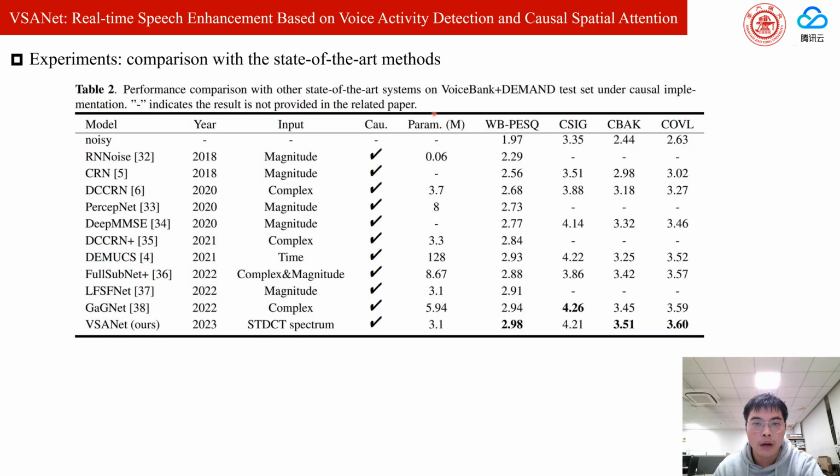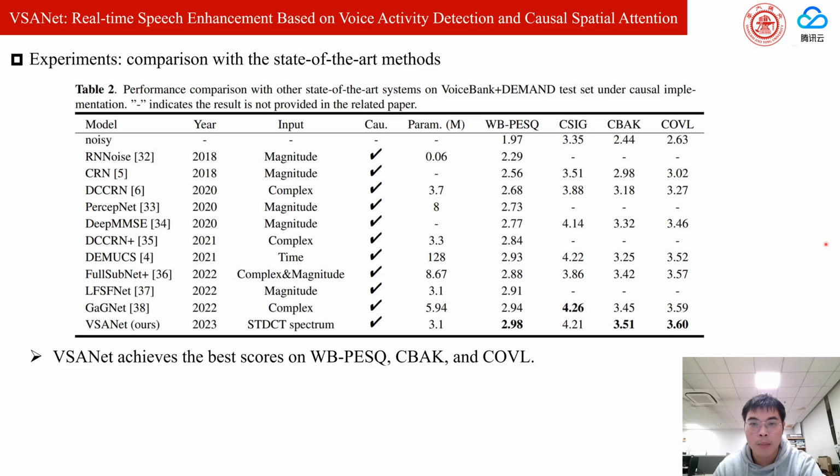We have also compared our VSANet with other state-of-the-art methods to objectively demonstrate the performance benefits of our VSANet. All the benchmark methods are also implemented causally. Overall, our VSANet achieves the best scores on WB-PESQ, composite background, and composite overall, demonstrating its superior performance.